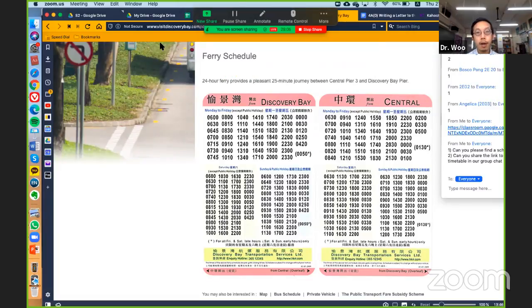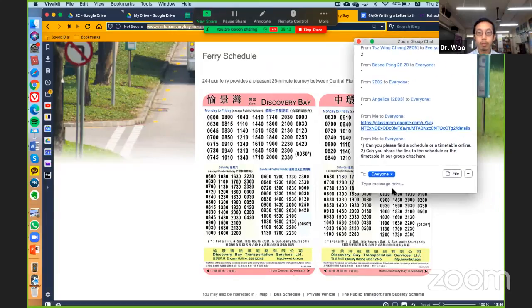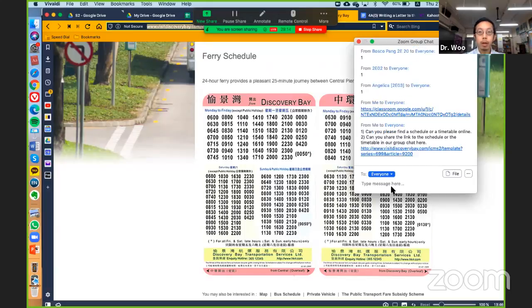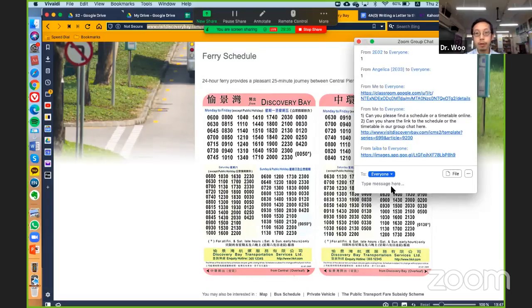So I found this very schedule. Can you please find a schedule or a timetable online? There's no point in using the present tense to describe schedules or timetables if you don't know what a schedule or a timetable is. So that's why I'm doing this first.